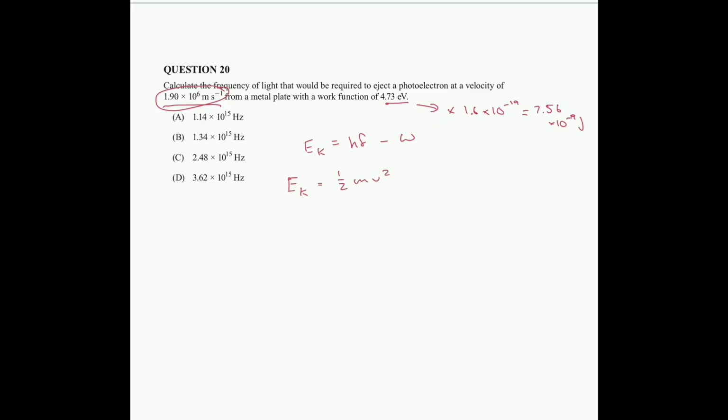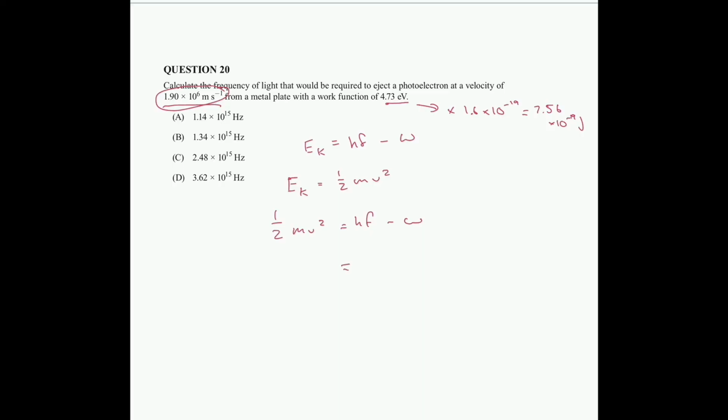We're given the mass of an electron in your formula book, so you'd go hunting for that. But then let's substitute these two into a formula: 1/2 mv squared is equal to hf minus W. Again, I'll rearrange the formula first and then substitute everything into my calculator, and then I can solve for it.